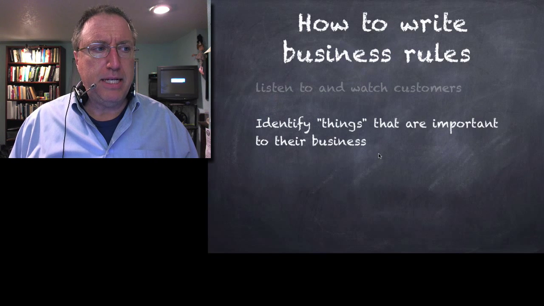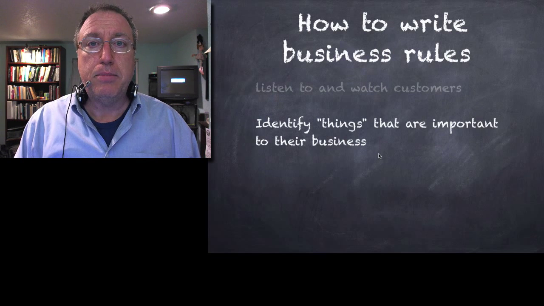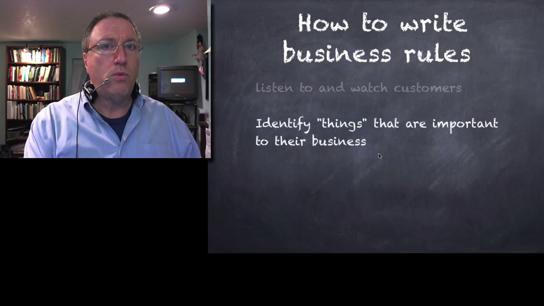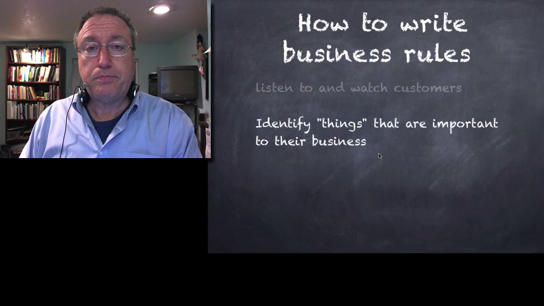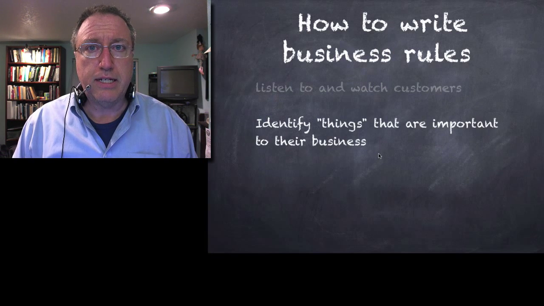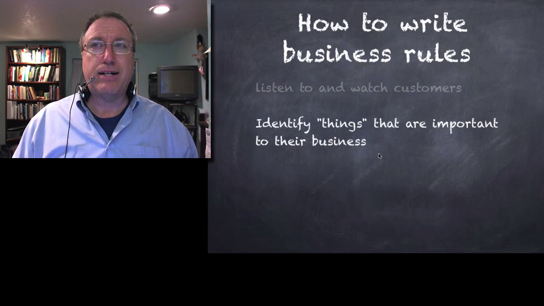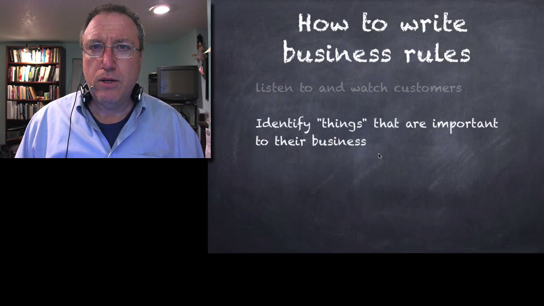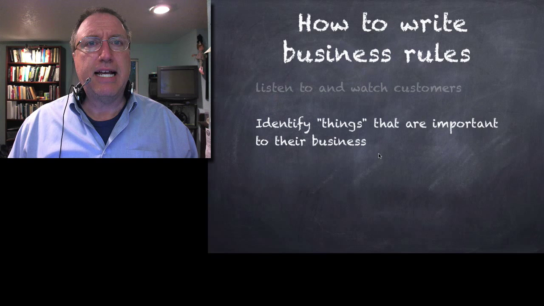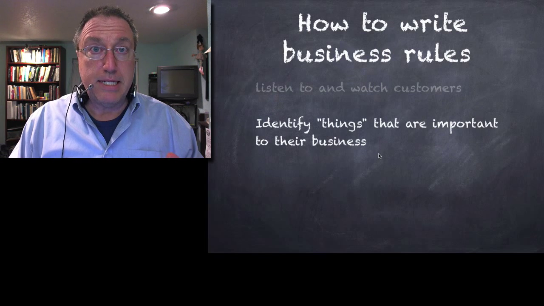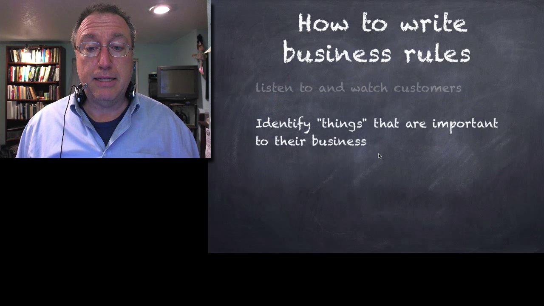And by things, I mean both those things in the physical world, like, say we're analyzing a real estate business, the homeowners, the people, and the houses, the homes. So those are two of the things. Another thing that's very important in a real estate business is this abstract concept called a mortgage, which is an agreement between a bank and a person. And it gets very complicated. Your job as an analyst is just to write all these things down so you get a complete list.